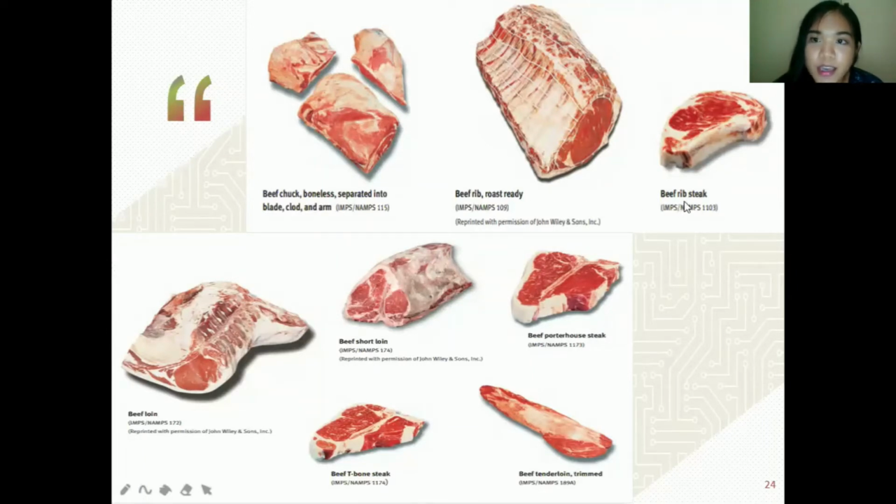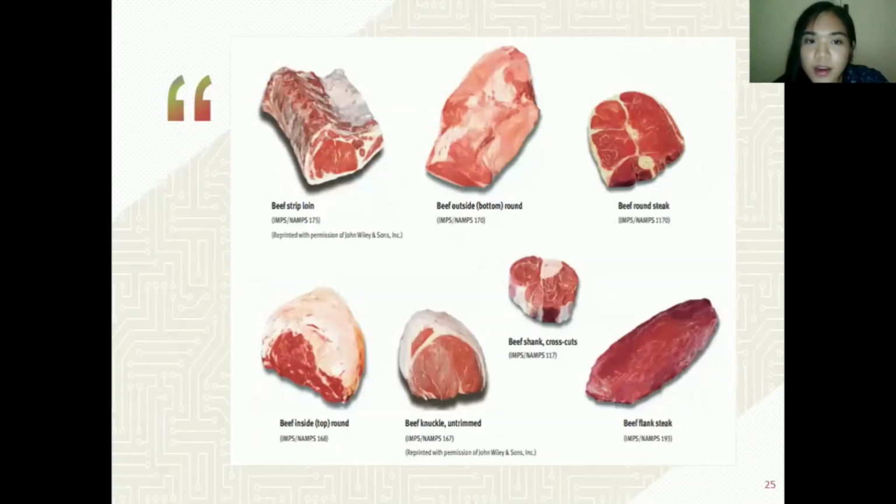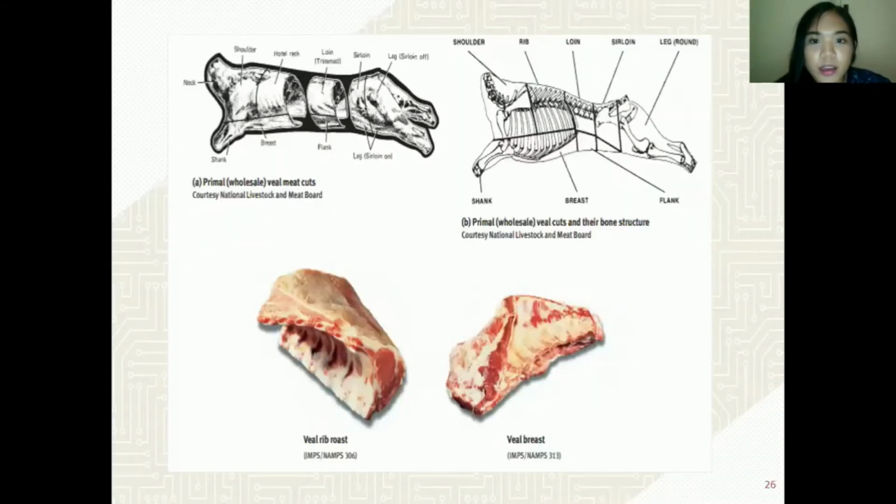The beef rib steak, as most steaks are to be seen, and the beef loin, the beef short loin, the beef porterhouse steak, the beef tenderloin trimmed, the beef T-bone steak, the beef strip loin, the beef outside bottom round, beef round steak, the beef flank steak, the beef shank cross cuts, the beef knuckle untrimmed, and the beef inside, or the top round.